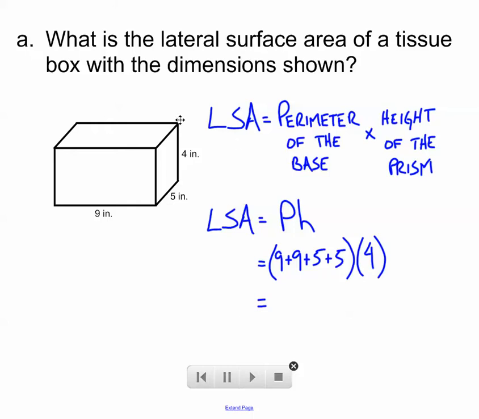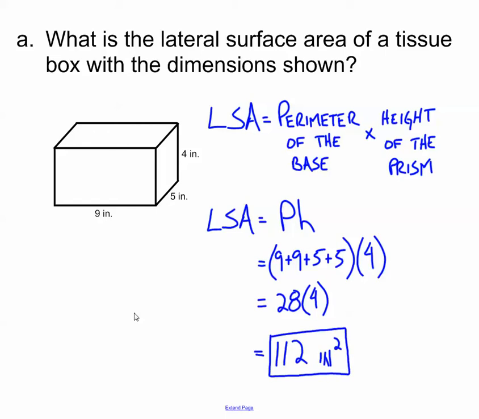And then 4 is the height of the prism from base bottom to base top. It's a distance of 4. So perimeter is 28. The height is 4. 28 times 4. 112 square inches.